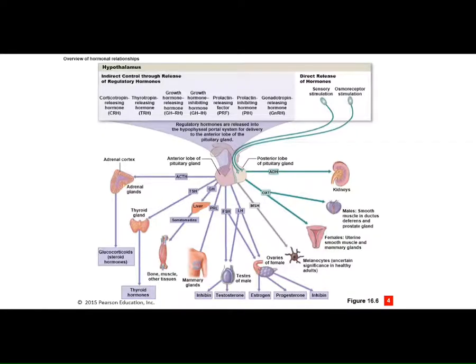And then what are those 7 hormones? Name them off for me from the anterior pituitary in any order. LH and FSH. Those 2 hormones, because they go on to affect the gonads, are considered gonadotropins. And what else? Growth hormone.